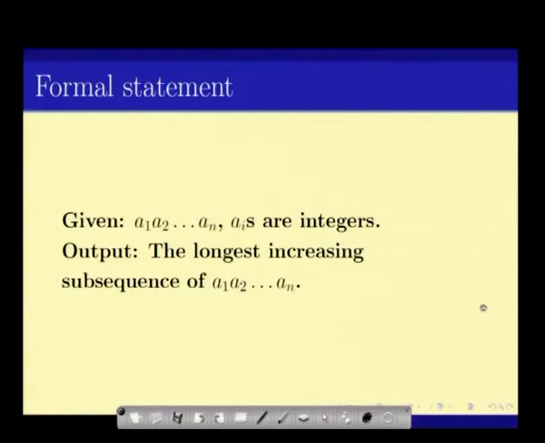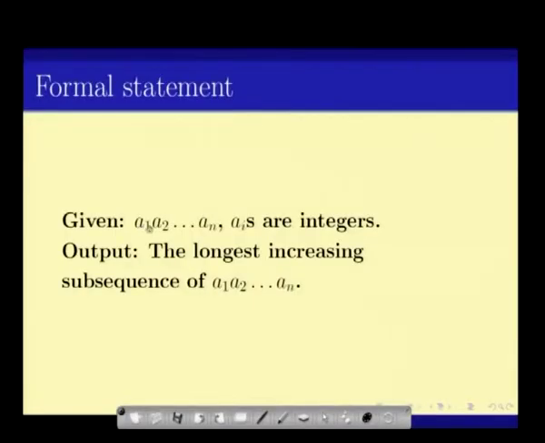Say we have been given a1 to an, where all the ai's are integers. Note that integers are nothing special here, it is just an example. You can take any numbers, even alphabets, anything where there is an ordering, because we are talking about increasing, decreasing and so on. So there has to be an ordering among the symbols.